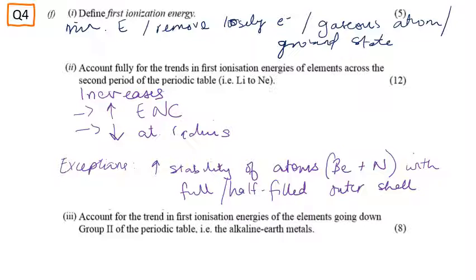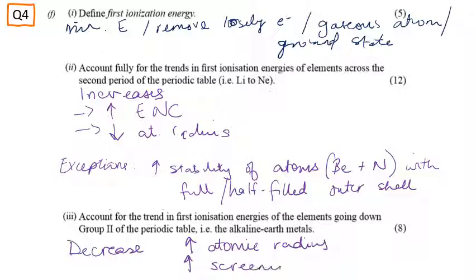Part 3, account for the trend in first ionization energies of the elements going down group 2. And here our trend is that they decrease due to the increased atomic radius and the increased screening effect of the inner electrons.